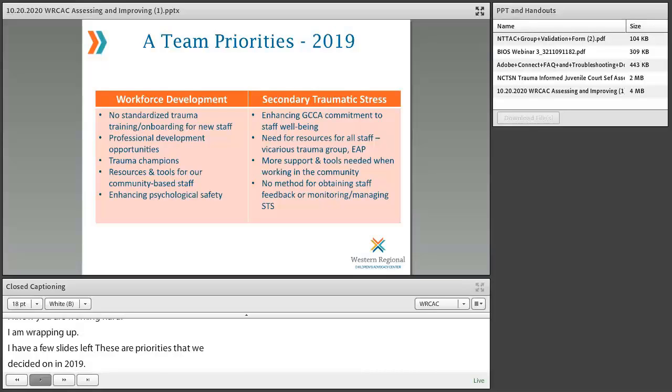We have primarily master's level professionals in our organization, and we all come from different disciplines and different schools. So certainly there's been trauma education that we've all had academically, but when it comes to onboarding staff and creating consistency in language, we really don't have any type of process for doing that. So it depends on your department and who your supervisor is in terms of what kind of trauma training you receive.